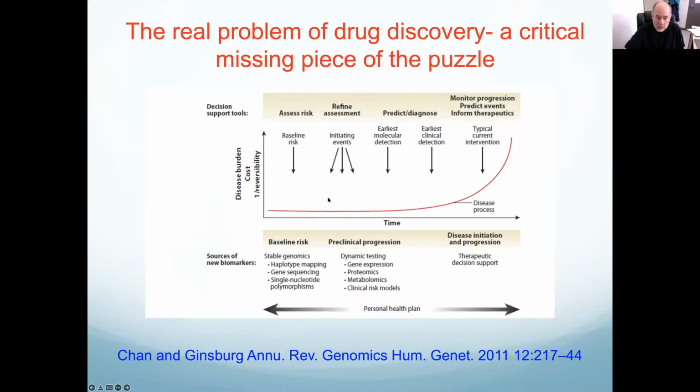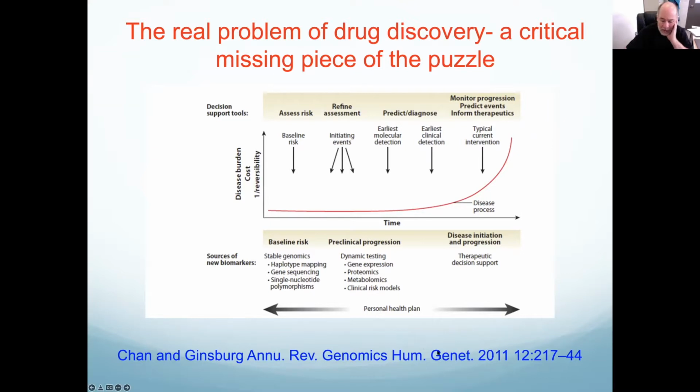And one of the things that I've really been excited by in terms of iPSC derived models and organoid built models is that it allows you to track this preclinical or subclinical progression in time and really get a handle on things that predict risk, that drive the early initiating events, that allow you to detect those events, and that ultimately, hopefully, will allow us to intervene clinically earlier, or at least differently, with the idea of building a personal health plan.